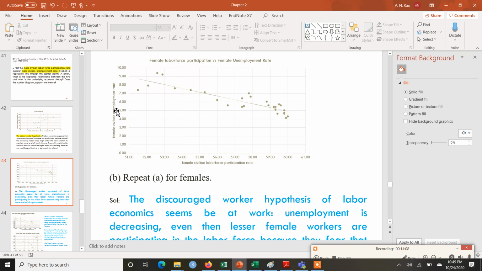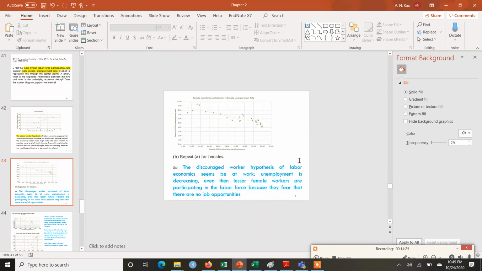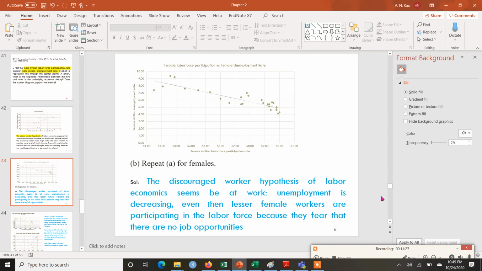Why? Because of an increase in unemployment, females think that even if they go and look for a job, they won't get it, and then you can say that they are discouraged and no longer looking for a job. That is why we can say that the discouraged worker hypothesis of labor economics seems to be at work.